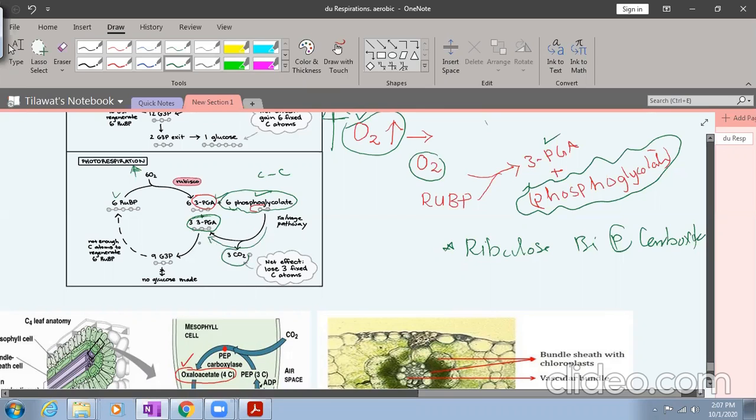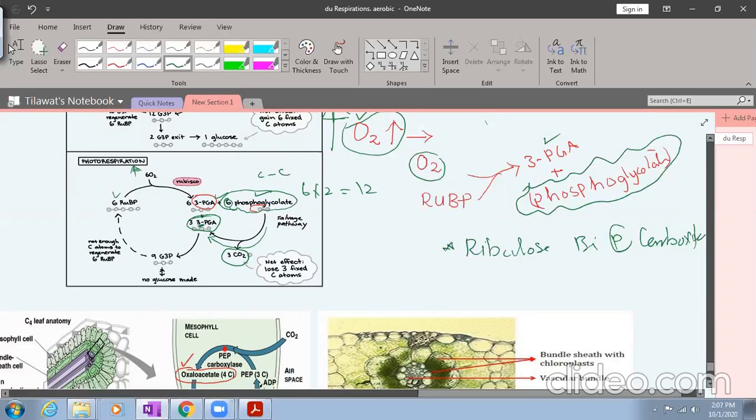Carbon dioxide will be released. If we have, for example, 6 molecules of phosphoglycolate, and this is a 2 carbon molecule, the total number of carbon is 6 multiplied by 2, 12, right? This will form phosphoglycerate, which is a 3 carbon molecule.